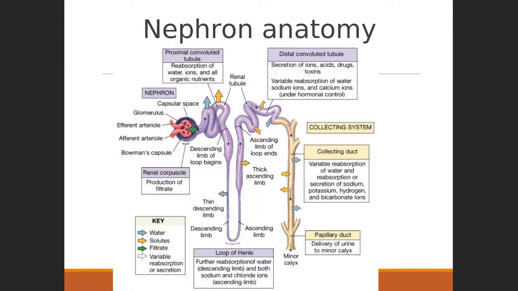To put that into perspective with the rest of the anatomy, here is our vascular portion. That is the portion of the nephron that deals directly with the glomerulus and is directly involved with the filtration of the blood. The remainder of this anatomy is our tubular portion of the nephron.